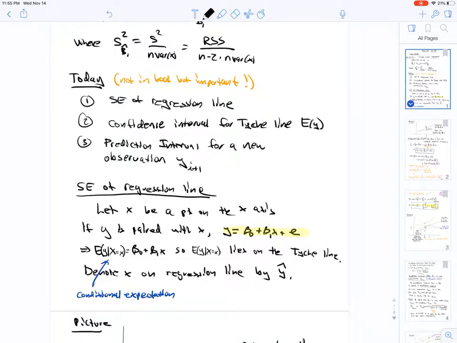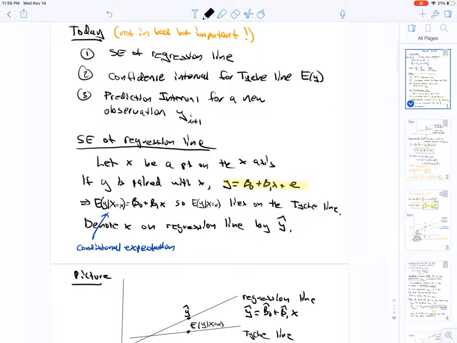So, SE of the regression line. Let x be a point on the x-axis. If y is paired with x, then we can write y using our statistical model as beta 0 plus beta 1 x plus e. Notice that e there, that's the random part of the right-hand side of the equation.